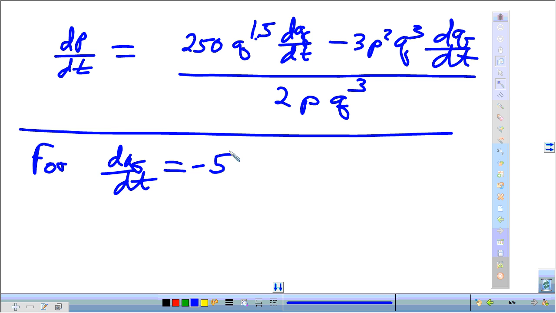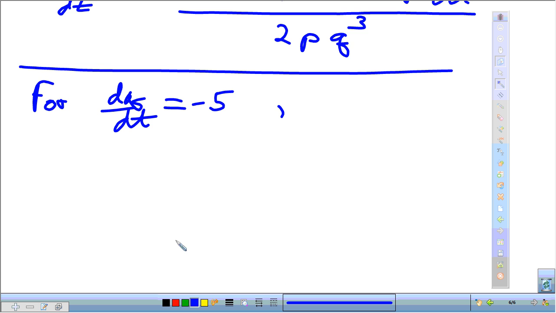Now we had the change in q over time at the current rate is -5, dropping 5 units a day. This may change in the future, but for the moment, we're saying that's what we have. So that would give us the rate of change in the price.